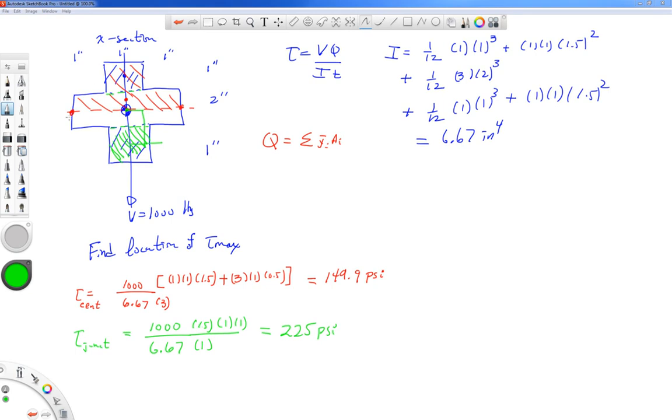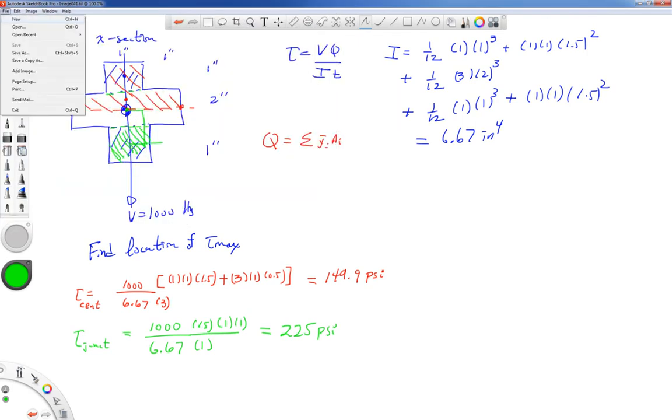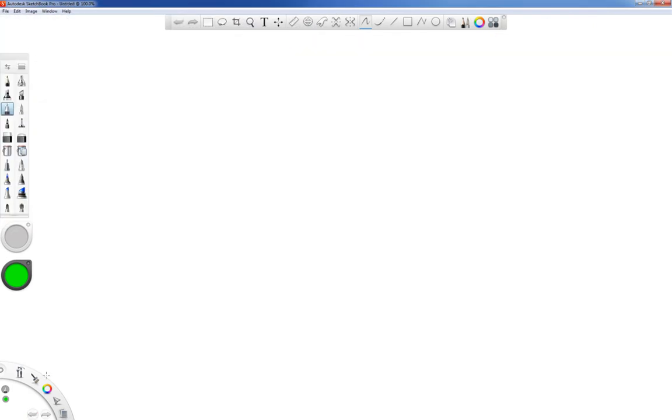All right, let's talk about one last thing. At the very beginning, we were looking at rectangular cross-sections. So let's get back to that. Here's a side view of a beam. I have some transverse shearing force going down this way. This is not a free body diagram.